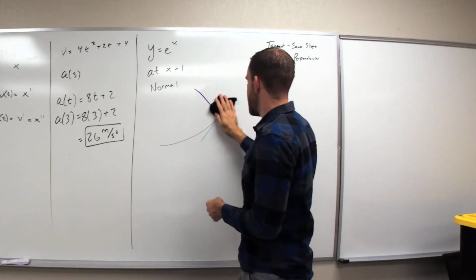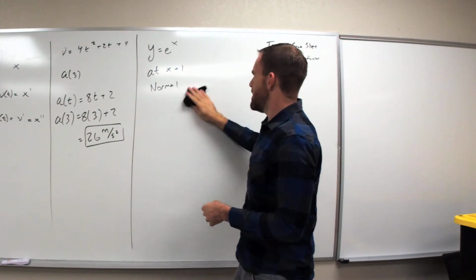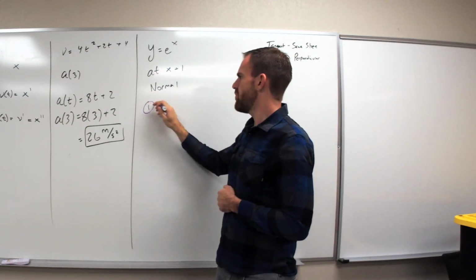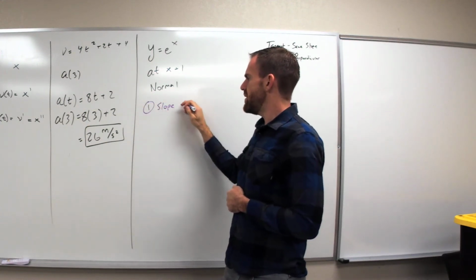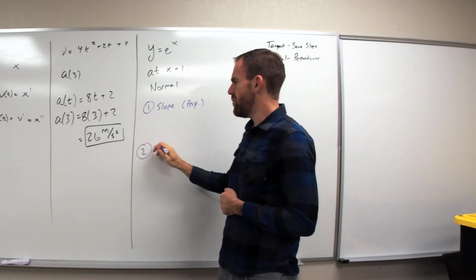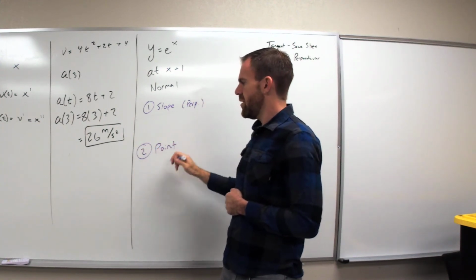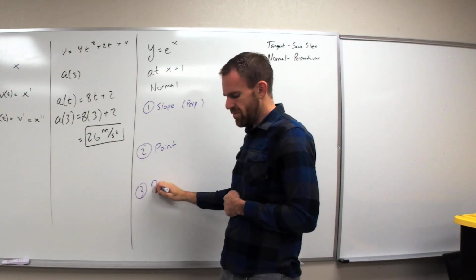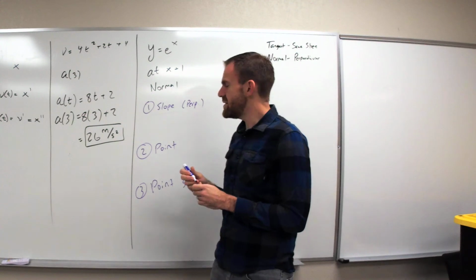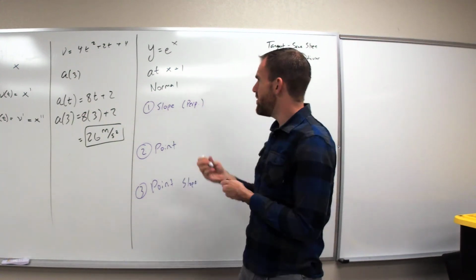Well, it's a lot like the tangent line. First step, we're going to find the slope. In this case, we're going to find the perpendicular slope. Then we're going to find a point, and then we're going to plug it into point slope. Simple enough. So what's the derivative of e to the x?